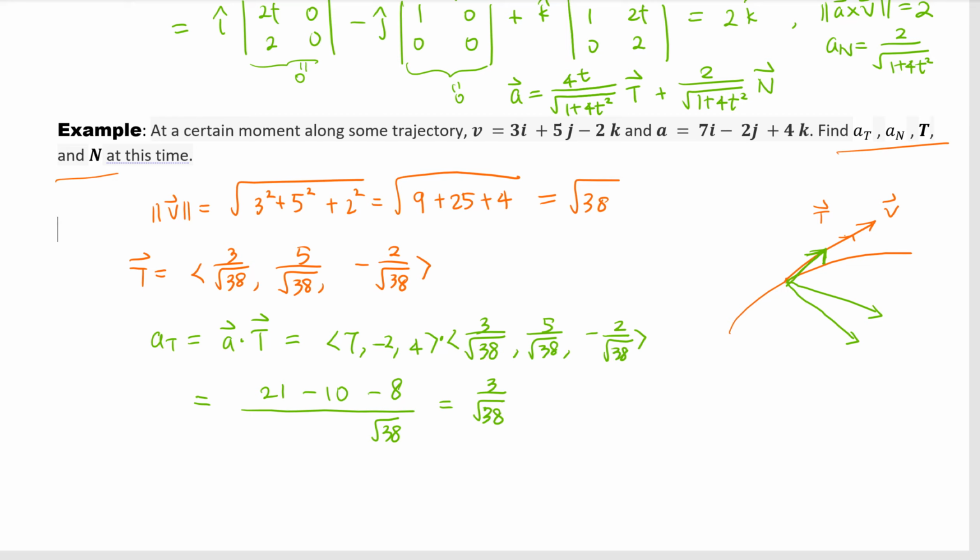Okay, so now what is the tangential component? The tangential component a sub t t is 3 over square root of 38 times t.